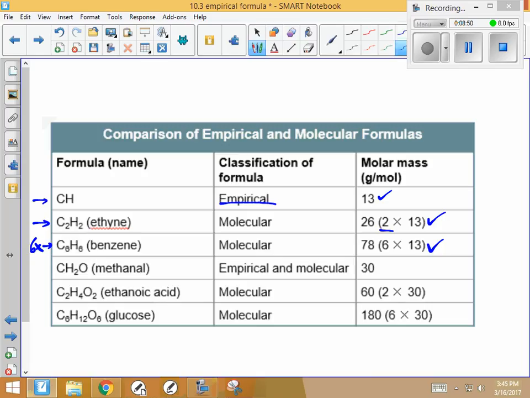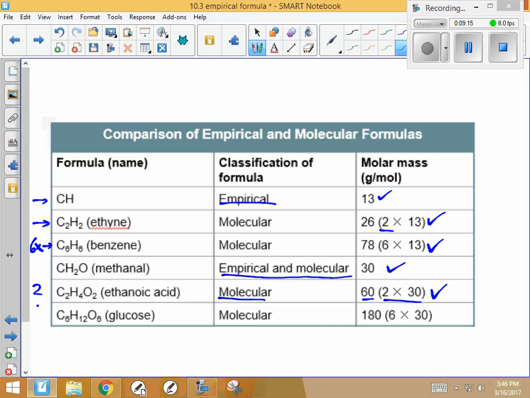Same here, CH2O, that's methanal, which is an actual empirical and molecular formula. It has a molar mass of 30. If you multiply all of those by 2, you get ethanoic acid, which has a molar mass of 60, which is 2 times 30, 2 times its empirical formula.